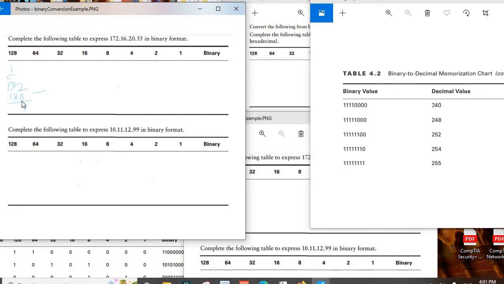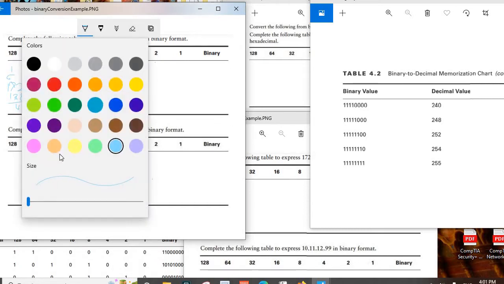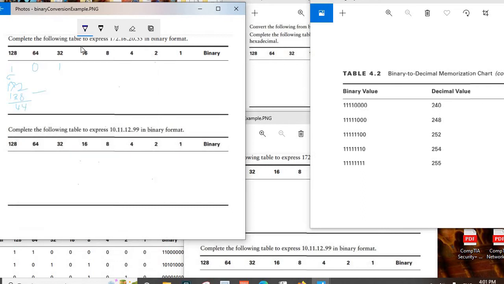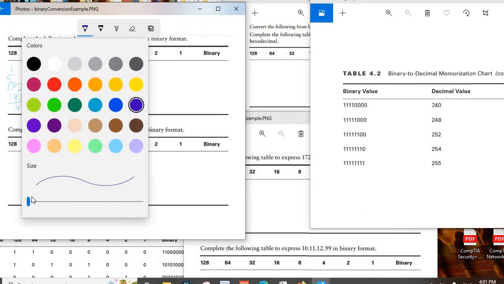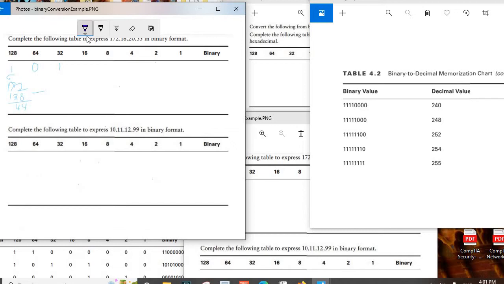So then what's the next largest one? Well, 64 is too big. 44, I can do that. I apologize for this being small. Maybe I should have used an easier to see color and a larger size. 44 minus 32 gives us 12.